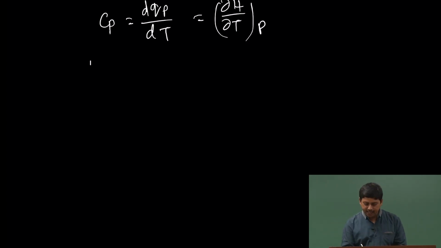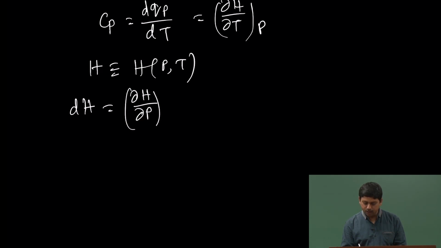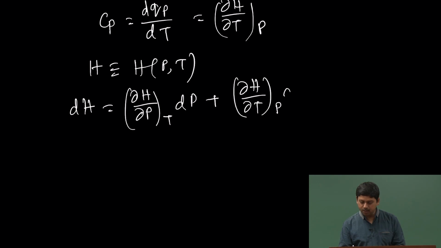And I said that the natural variables of H are P and T. Whenever that happens, you can always write that in terms of these two variables. You will write it so many times that it will become extremely easy. Okay. Now, we want to talk about a constant pressure process. So, this quantity is going to go to 0.